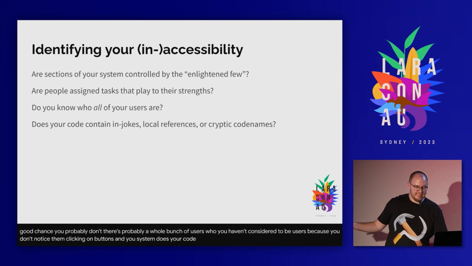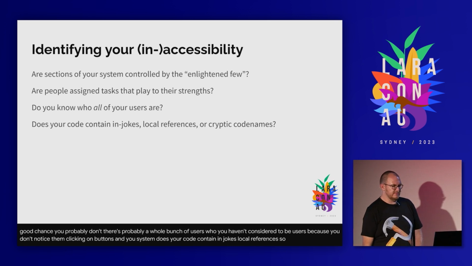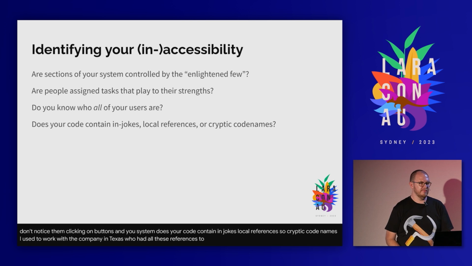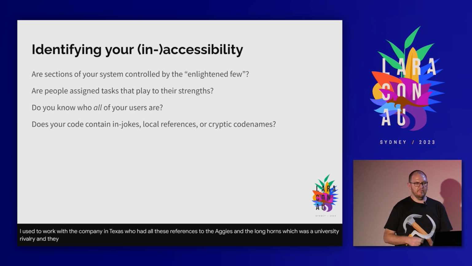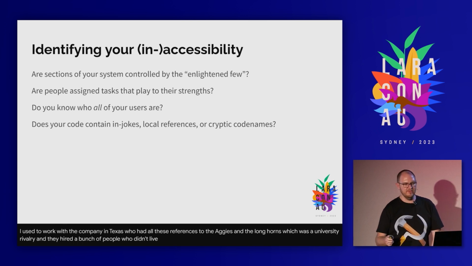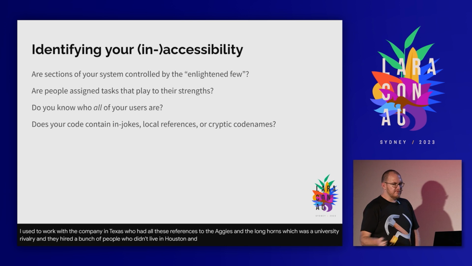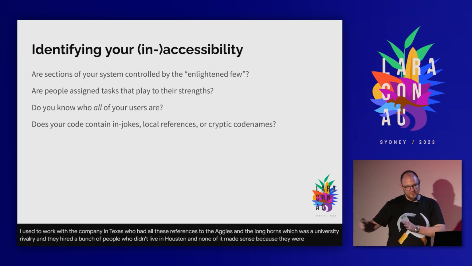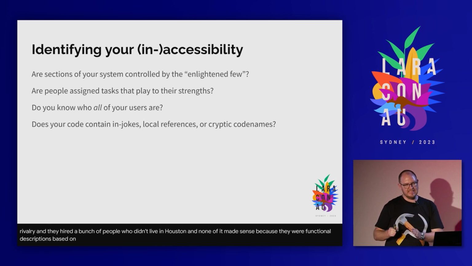Does your code contain in-jokes, local references, or cryptic code names? I used to work with a company in Texas who had all these references to the Aggies and the Longhorns, which was a university rivalry. And they hired a bunch of people who didn't live in Houston. And none of it made sense because they were functional descriptions based on some weird university rivalry.